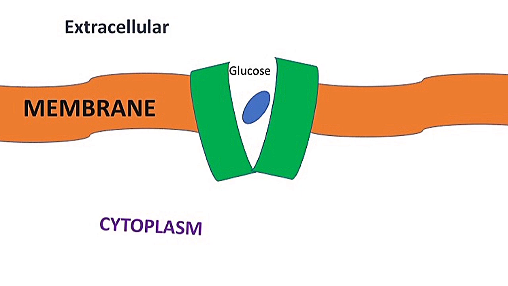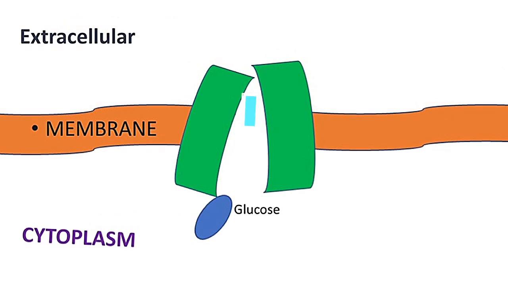Glucose is in the bloodstream. Before anything happens to it, you have to bring it into the cell, into the cytoplasm from the bloodstream. And this green structure here is a protein in the membrane specifically designed to transport glucose.